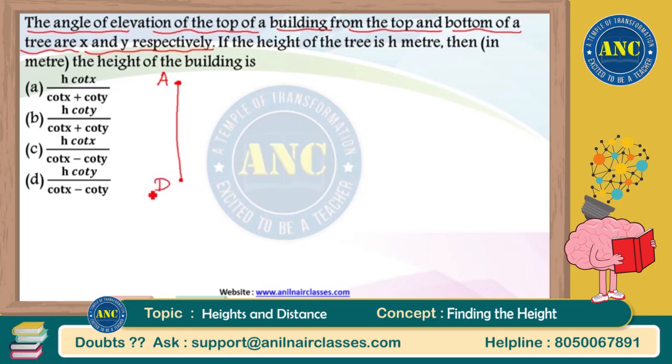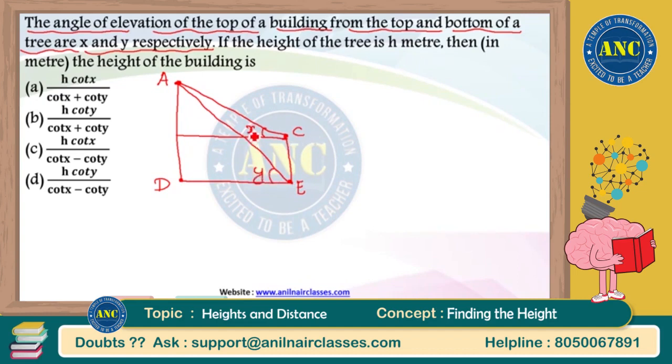The top of the building is A, and there is a tree. I will call this tree CE, and it is given in the question that from the top of the building, the angles of elevation of the top of the tree and the bottom of the tree are x degrees and y degrees respectively.